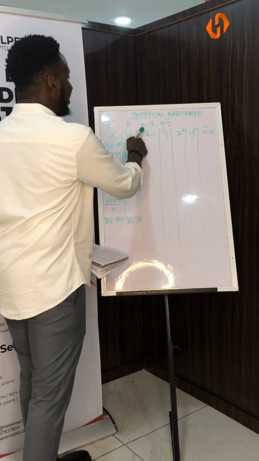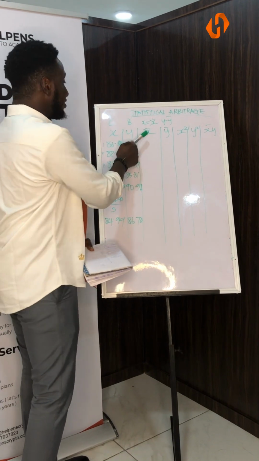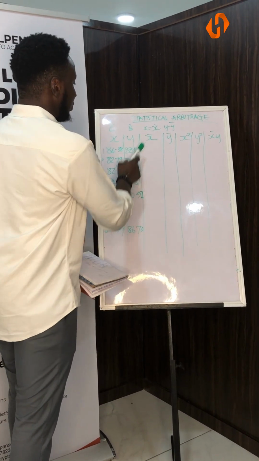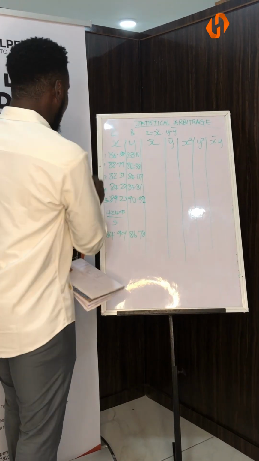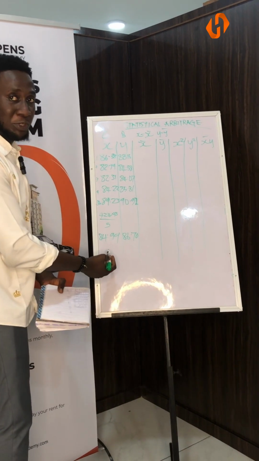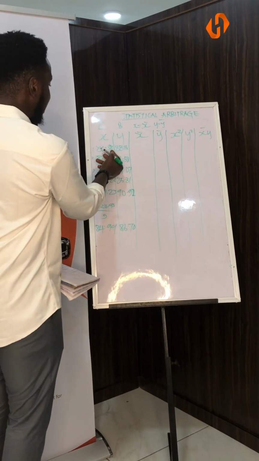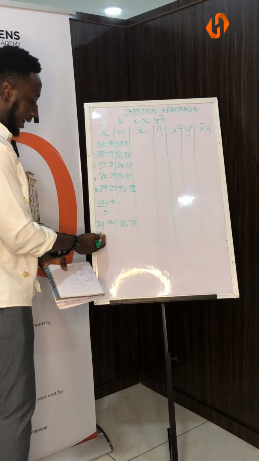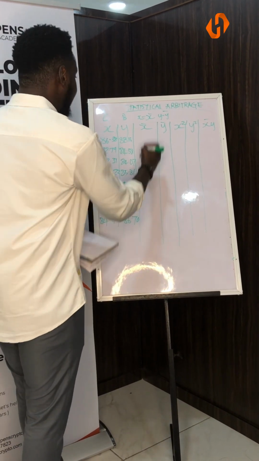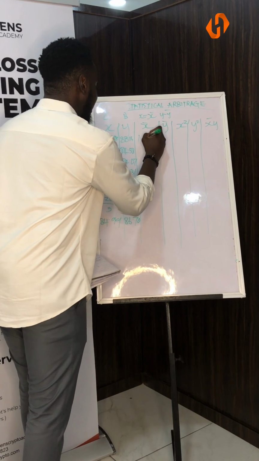Now, pay attention carefully. We have to do X minus mean X. You do 86.38 minus 84.99, which is mean X, and that gives us 1.39.